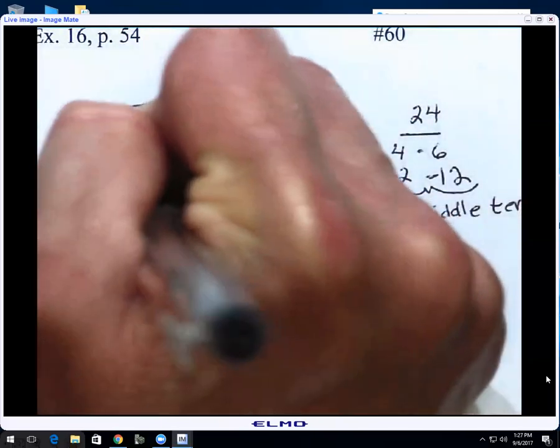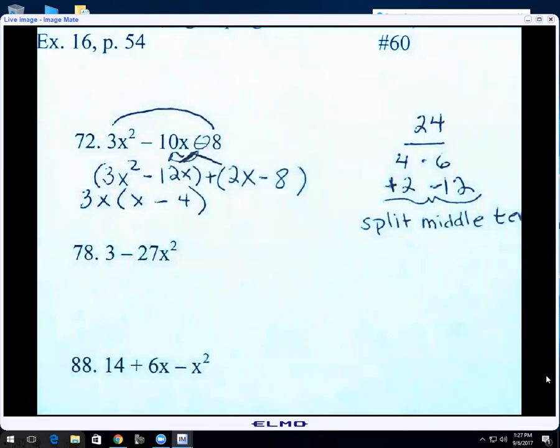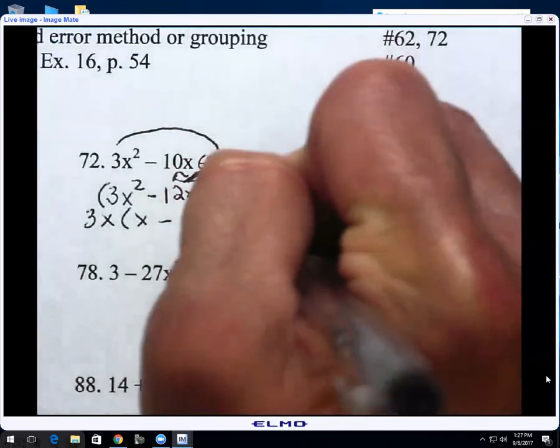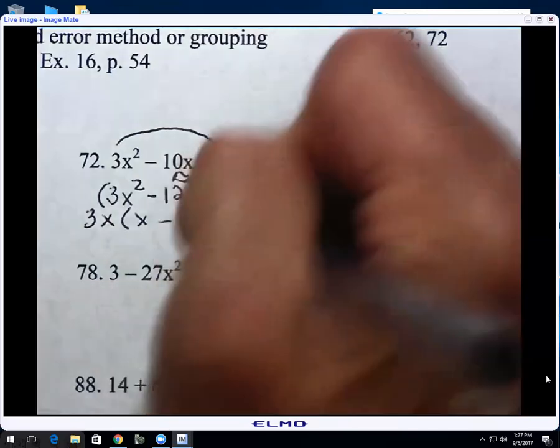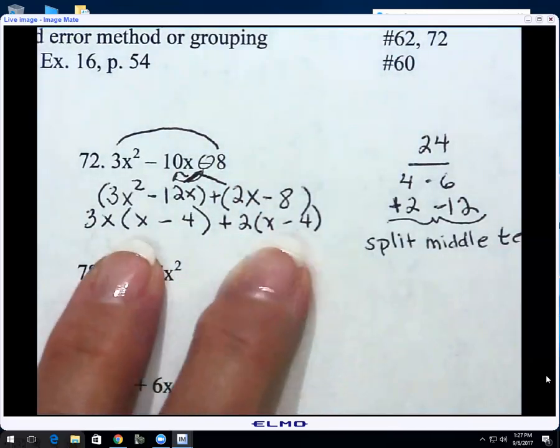A 3x, and if you do, what will be left of that group? X minus 4. What can you factor out of the second group? 2. And if you do, what's left of that group? X minus 4. It better be an x minus 4 or my grouping just fell apart.